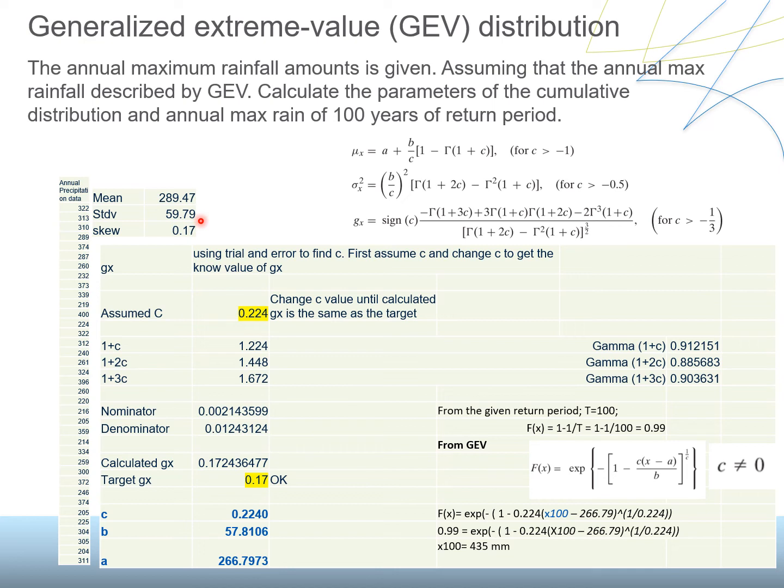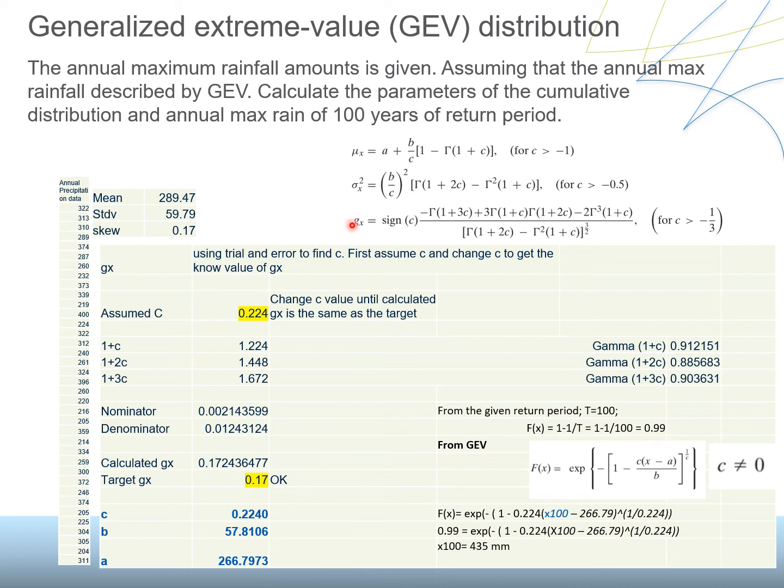Okay, now we want to calculate the parameters of the distribution and the annual maximum rain of 100 years return period using this distribution. So we have mean, standard deviation, and skewness. We assume that the data follows the generalized extreme value distribution. Now we want to find out what is the 100 years flood, okay, sorry, rainfall.